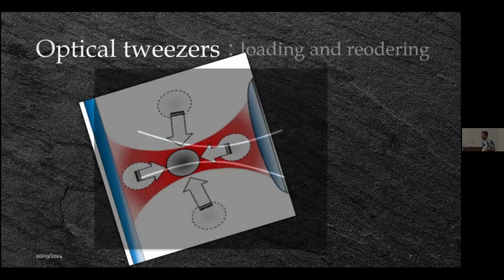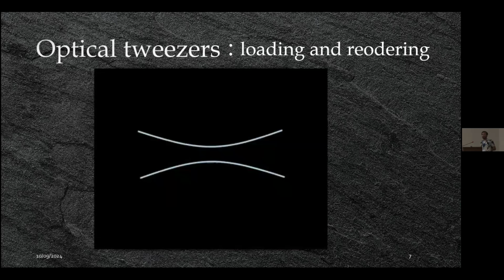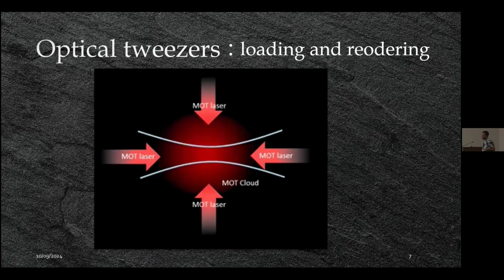But how can we effectively trap those atoms one by one? When I have my tweezer focused, I try to make my MOT there. So the effect is basically that when the density is enough, I'm expecting atoms falling down inside the tweezer.